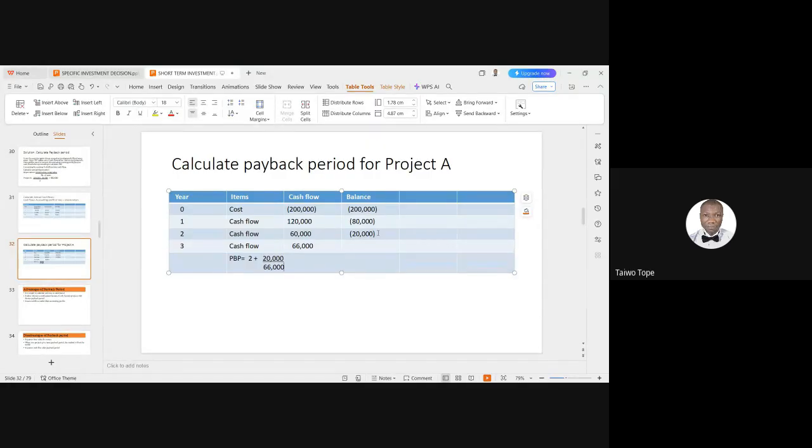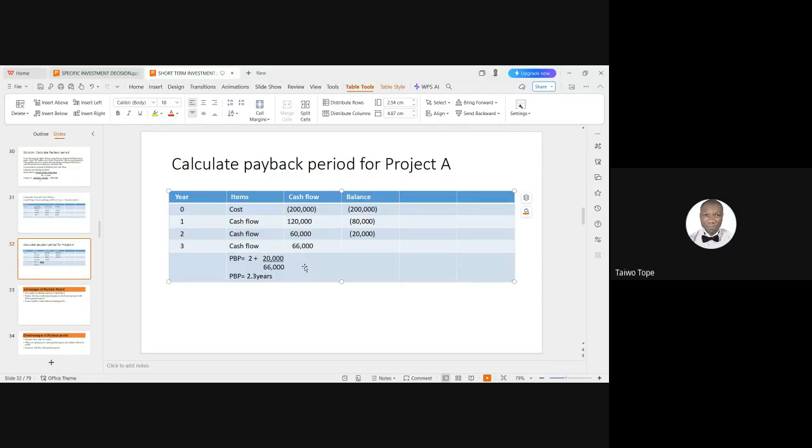We want to see this 20,000, how many months it will take you to recover that from year 3. So it will be 20 divided by 66. So the payback period will now be what? 2.3. That's years. 2 years and 3 months.